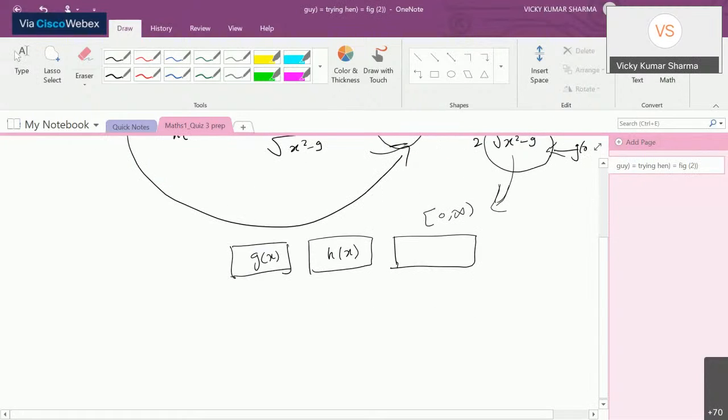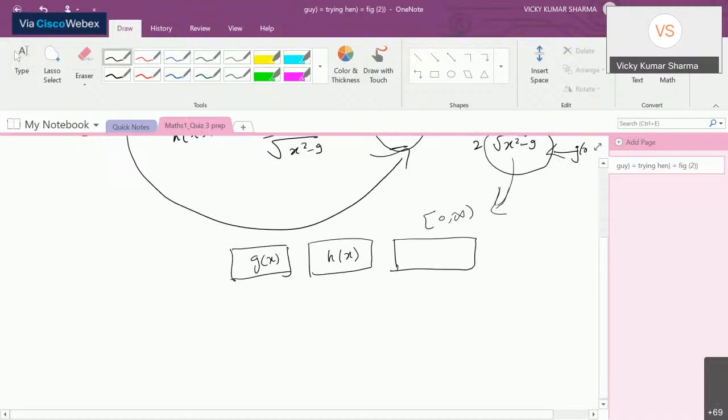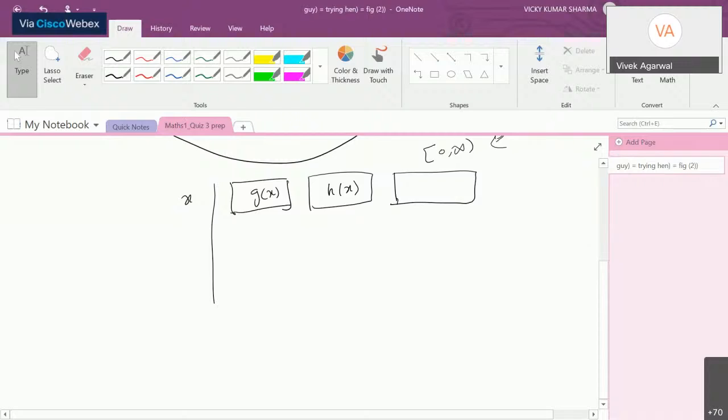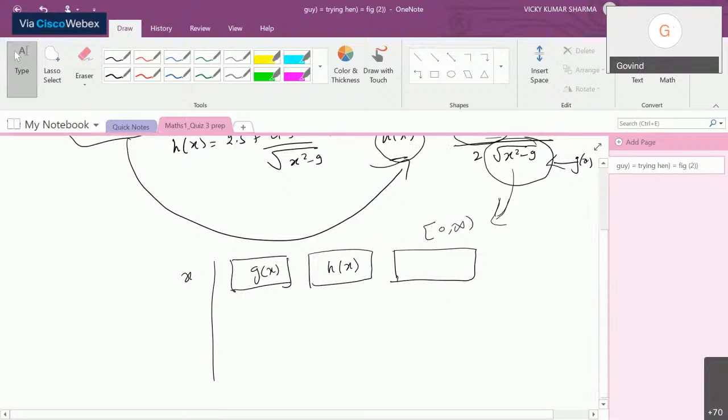So what do you want me to give here? The x value, on the left hand side of g of x, the x value is coming. The second box cannot be h of x, right? The second box should be f of x. That means f of g of x, that is h of x. The two boxes put together is f of x.